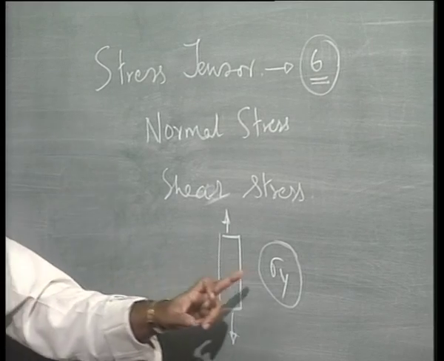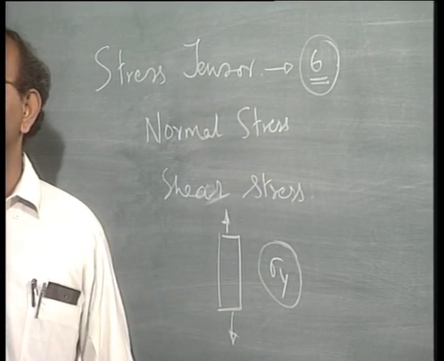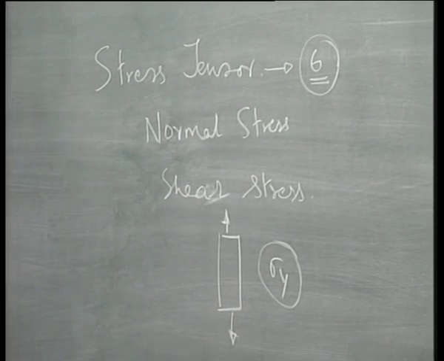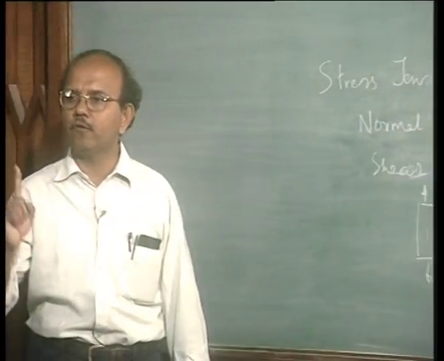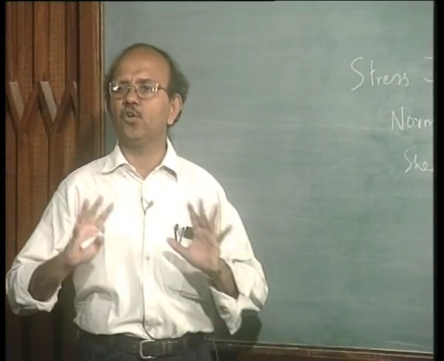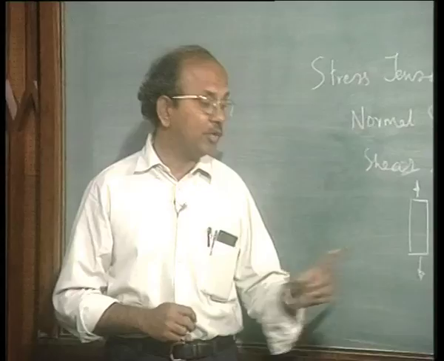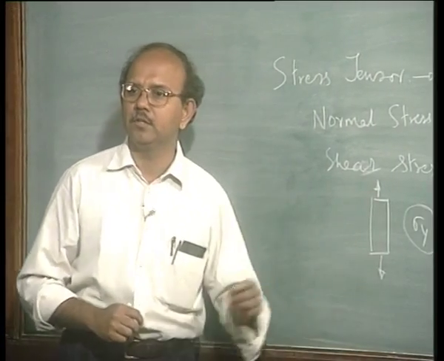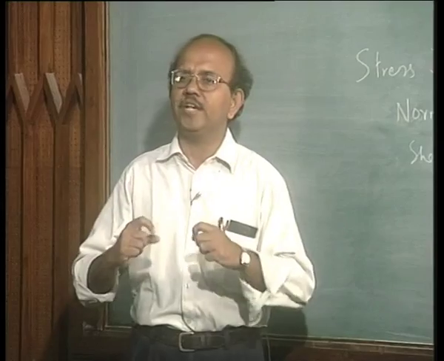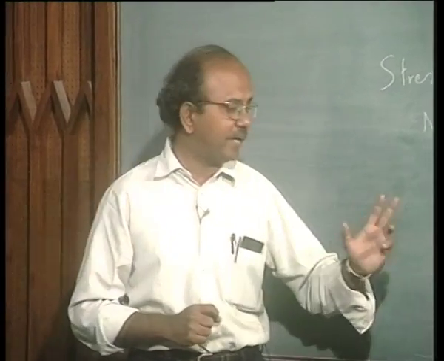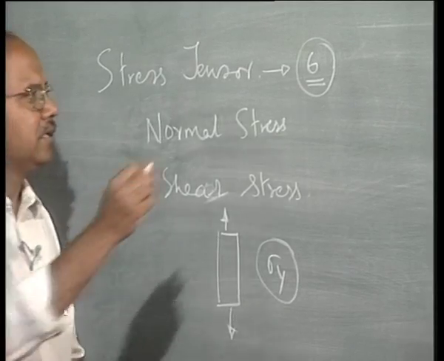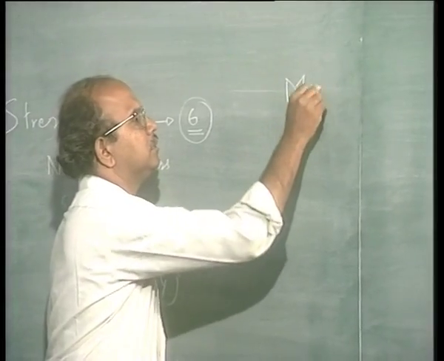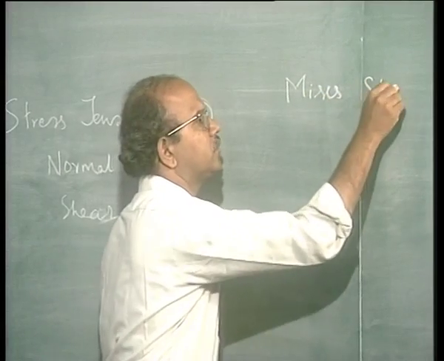How am I going to tackle the situation? In other words, can I somehow combine these 6 into one, some sort of equivalent criterion for a uniaxial situation? Please note this is a uniaxial situation. Can I get an equivalent uniaxial stress and compare that with the yield strength? Yes, that is possible, and the corresponding theory is called the Mises stress.